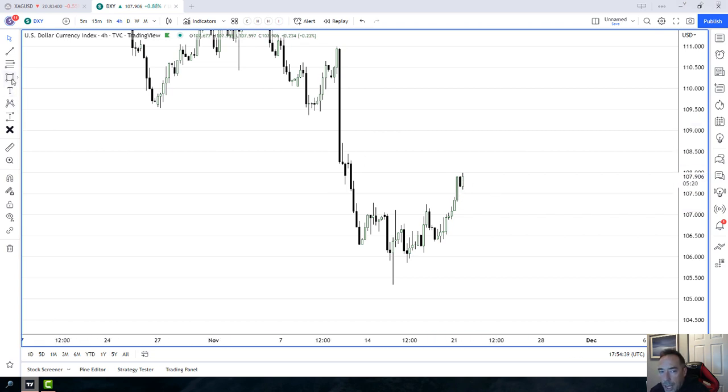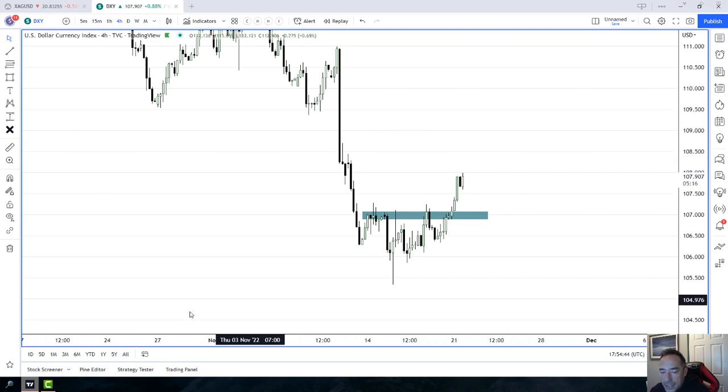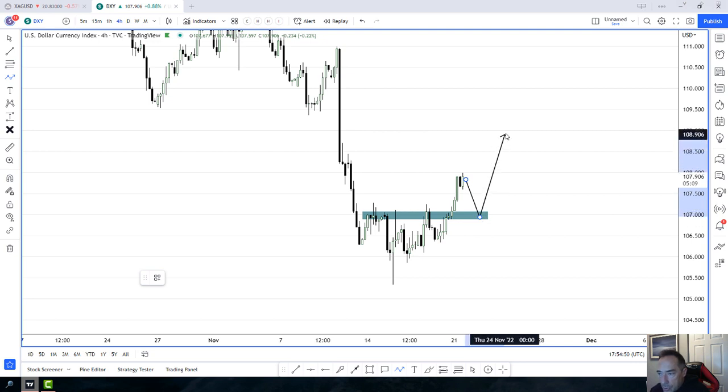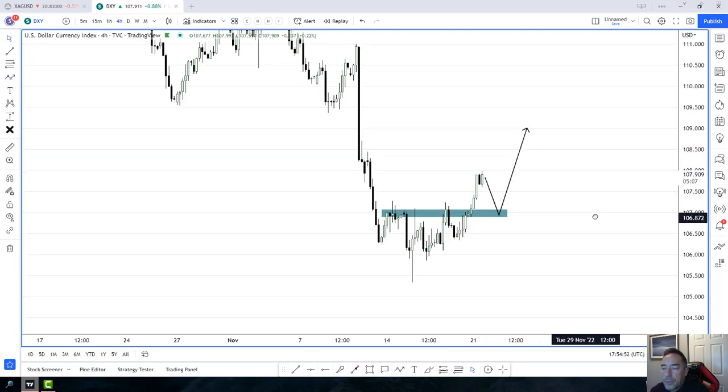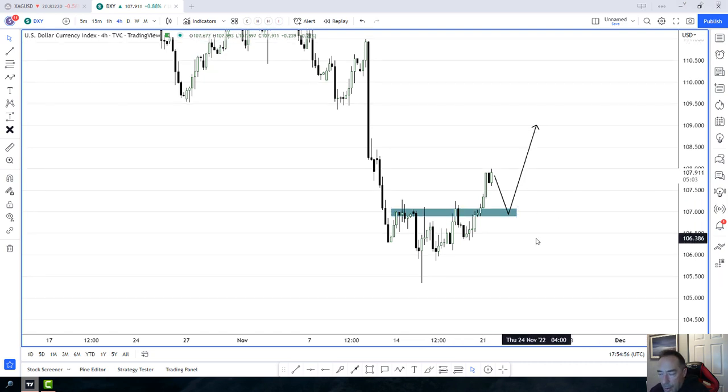So what could happen is we actually come back to test that level, and then we see that move potentially up to 109. Okay, so that's what I'd like to see. Retest of this zone here, around about 107, rejection, and then a push up to 109, then potentially we could see price start to move down again.